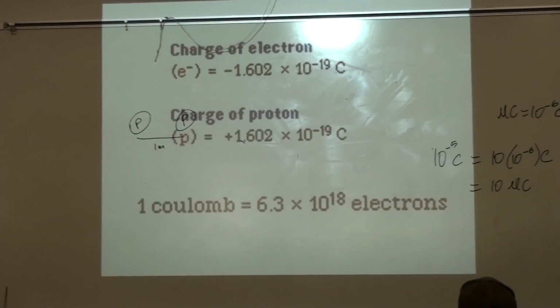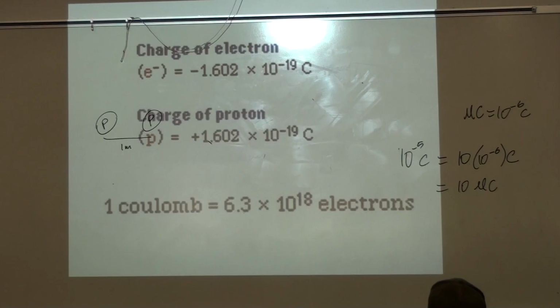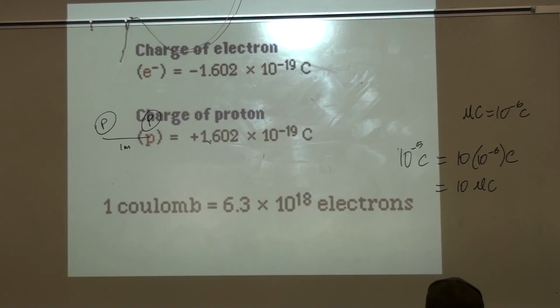Because I wanted 1 coulomb over, however, I wanted to figure out how many electrons there were per coulomb, and the charge of an electron was telling us how many coulombs per electron. So I did the inverse. Right. So you did the inverse of it because you're looking for a number of electrons per coulomb.